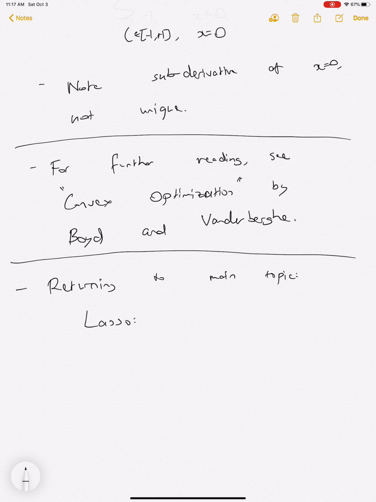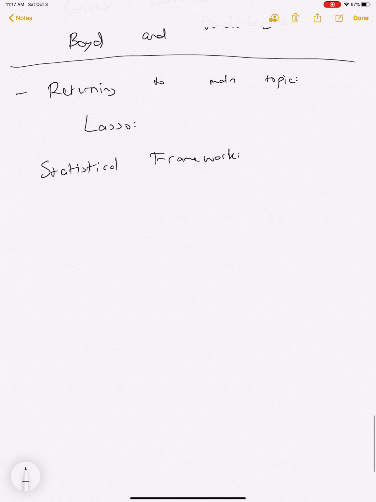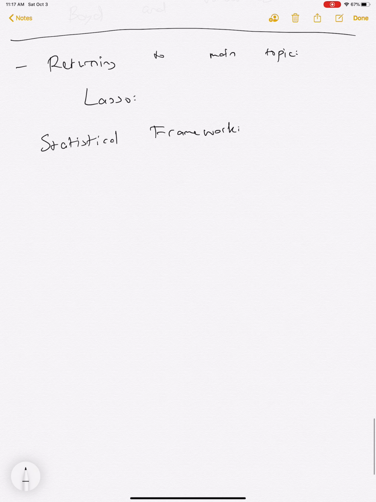So returning to the main topic, the lasso. Let's again go back to the statistical framework to remind everyone what scenario and what kind of algorithms we're looking at, and then we're going to build towards the analysis that we'll work on today.